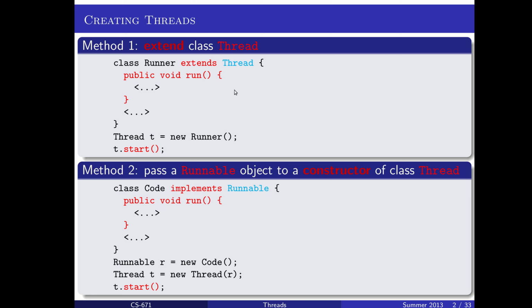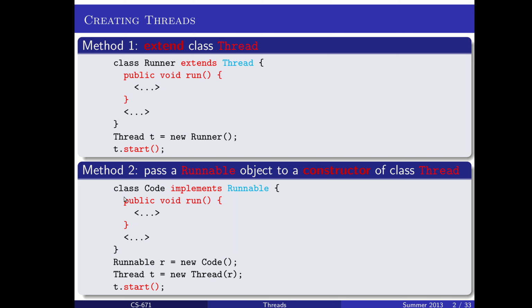Another way to create a thread is to create something that implements Runnable and pass that into a Thread's constructor. Then we can create just a basic Thread object. We feed it our Runnable object, whereas the other one was a class which extended Thread. There's not a huge amount of difference for our purposes between the two of these.